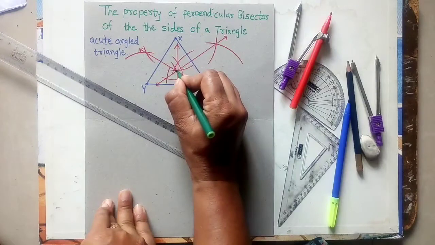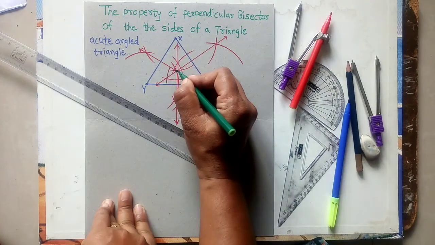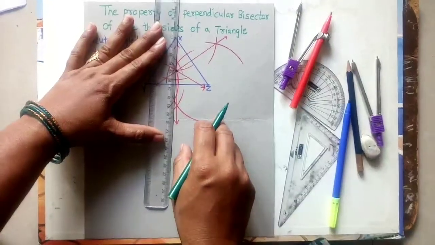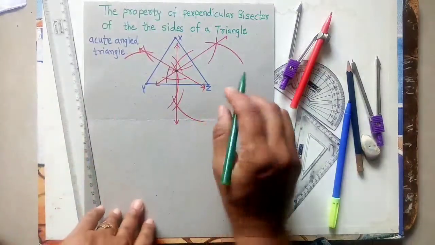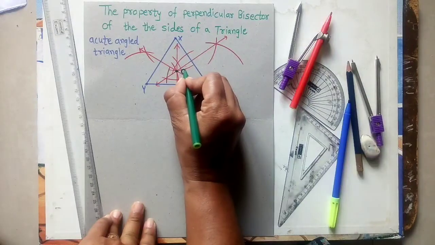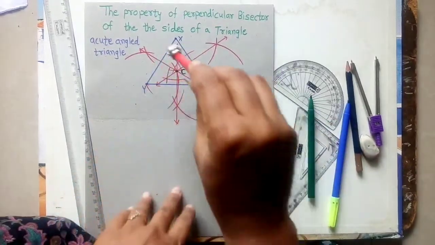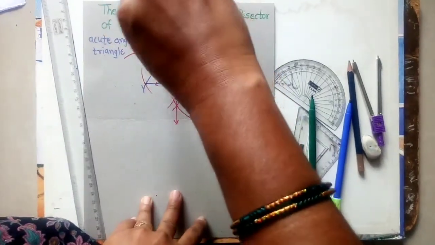Now you can see that all three bisectors intersect at the same point. From this point, we can draw a circumscribed circle.